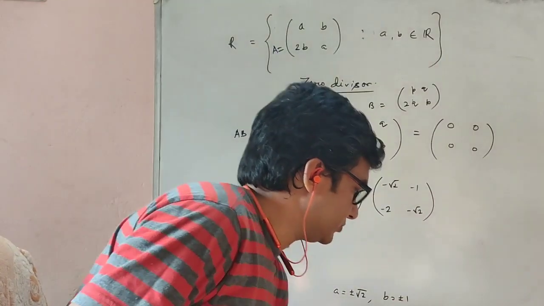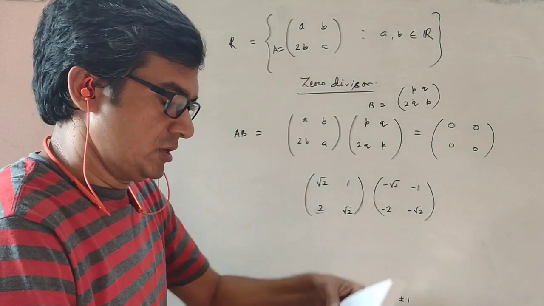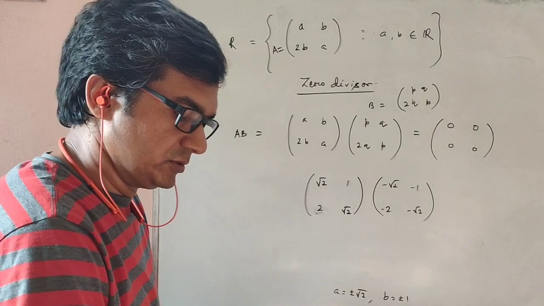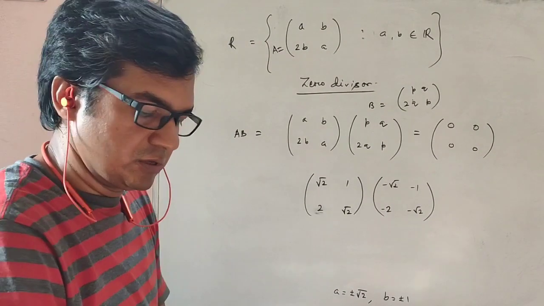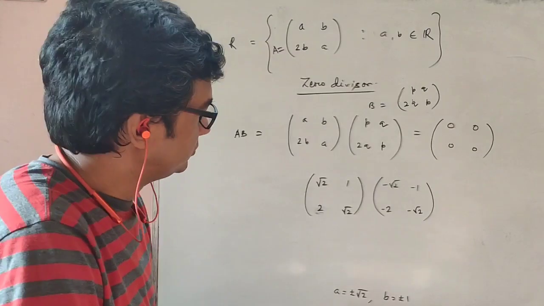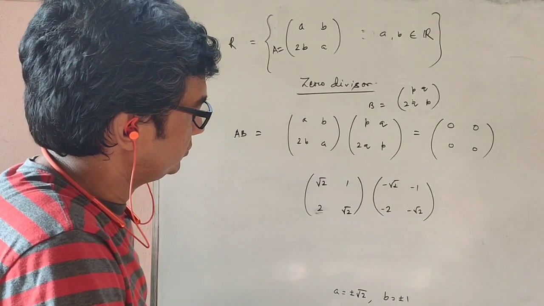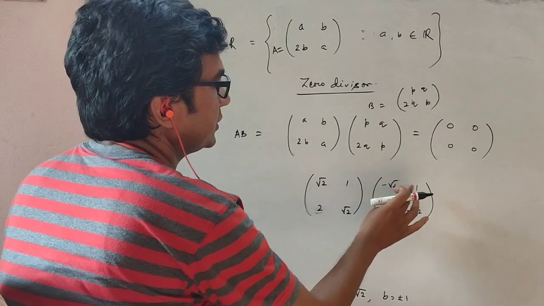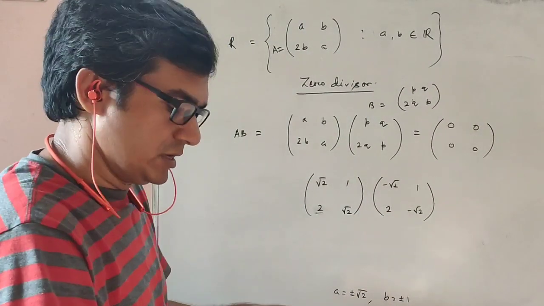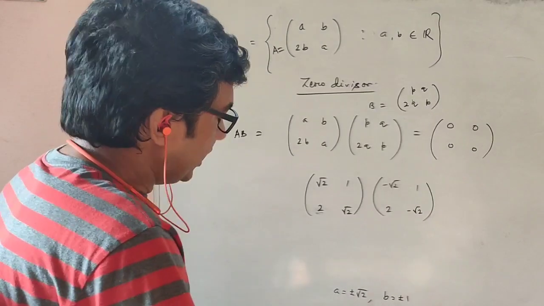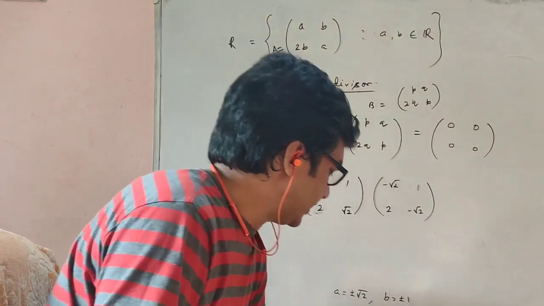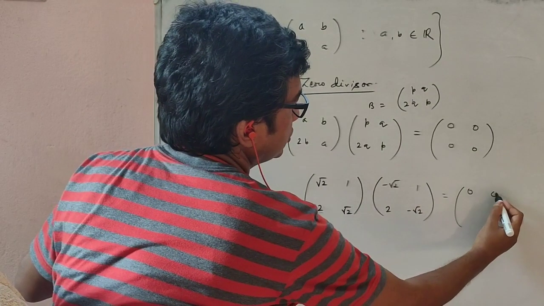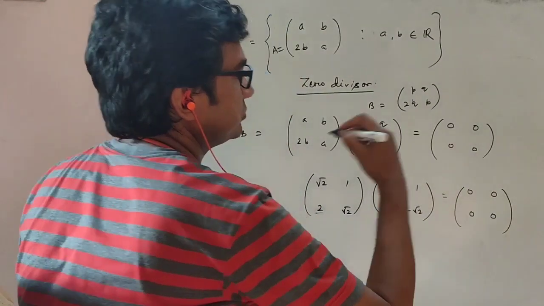Please accept it. Now the multiplication of these two matrices is obviously 0, 0, 0, 0.